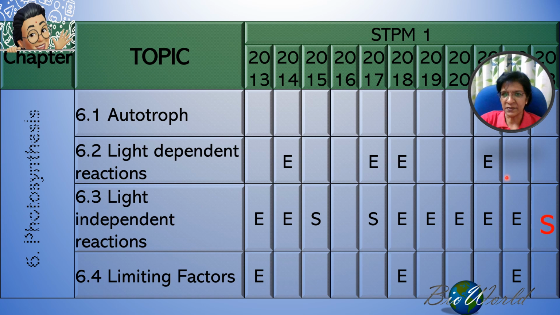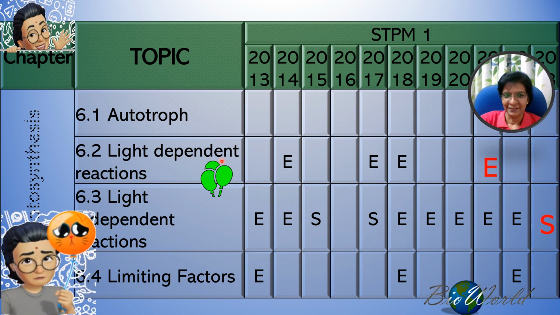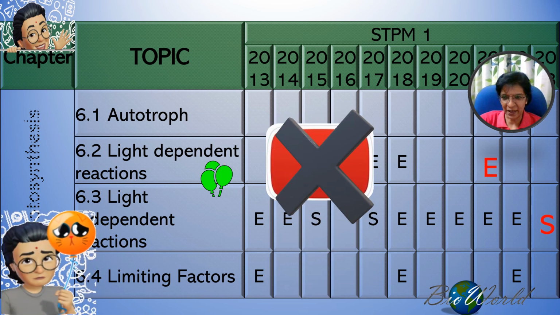Okay, so that leaves us with the light dependent reaction, considering that limiting factors was also tested last year. So from 4 subtopics, you just focus on the light dependent reaction. That means your cyclic photophosphorylation and non-cyclic photophosphorylation. So my apologies again because of the absence of any video on this chapter.